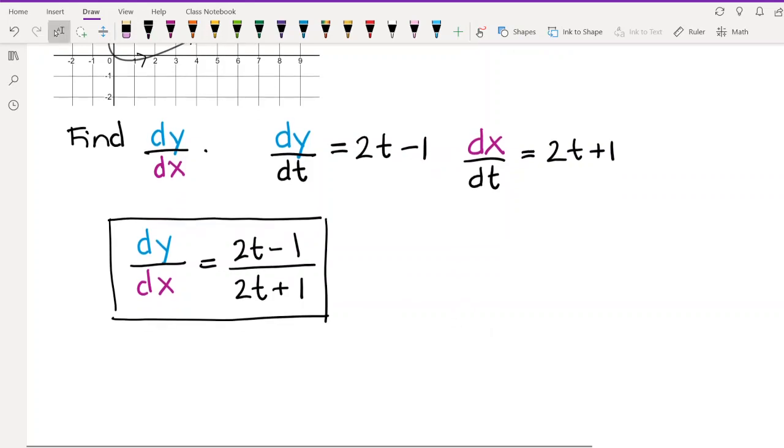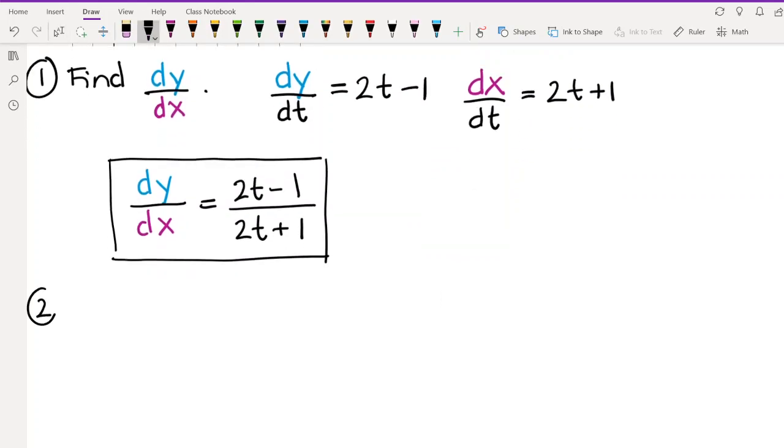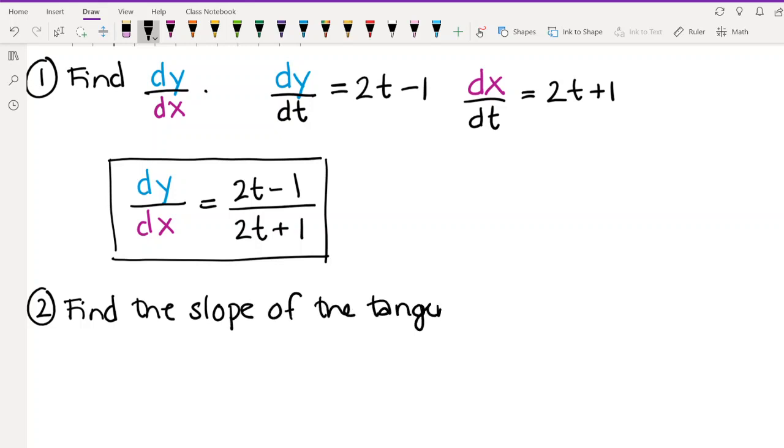Another thing we could ask here, so maybe I'll say number 1 here, is to find the slope of the tangent line when t is equal to 1. How would we do that?